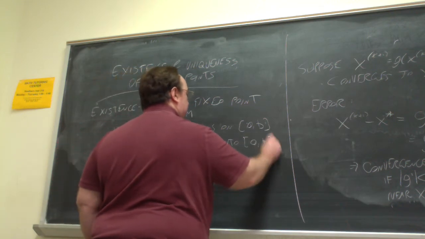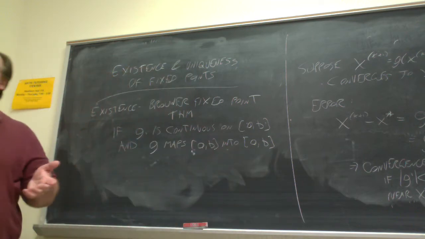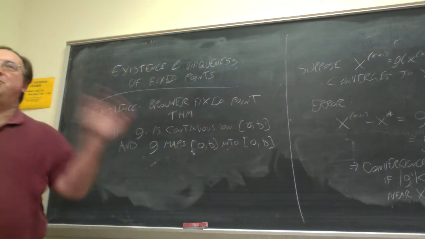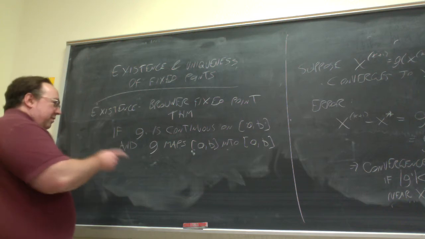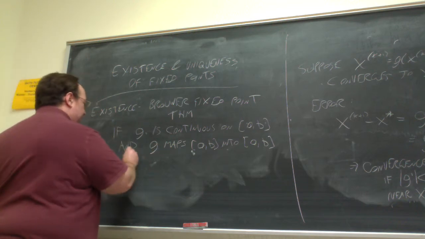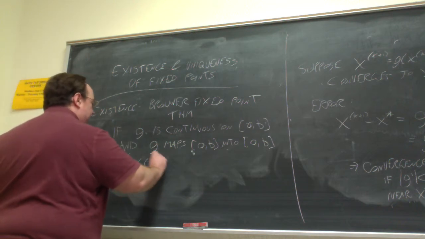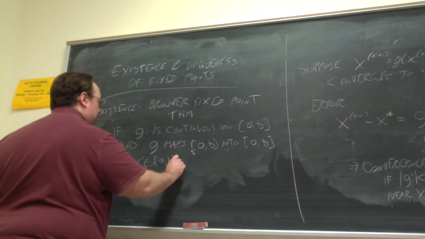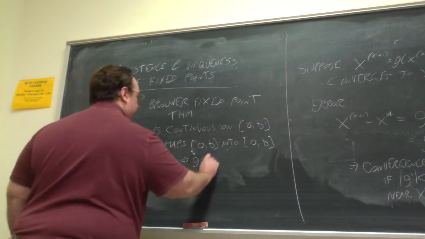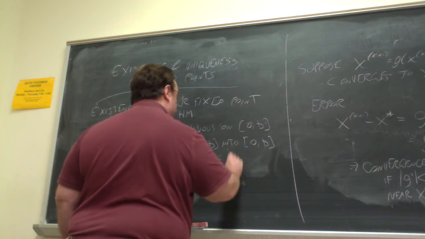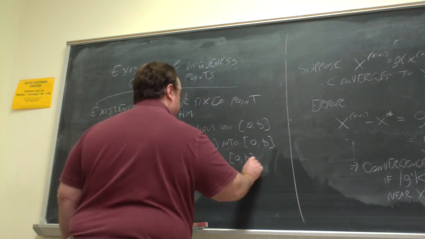Because that's what a function does. It maps x values into y values. But if this doesn't make sense, what I mean by that is if x is in [a, b], then g of x is also in [a, b].